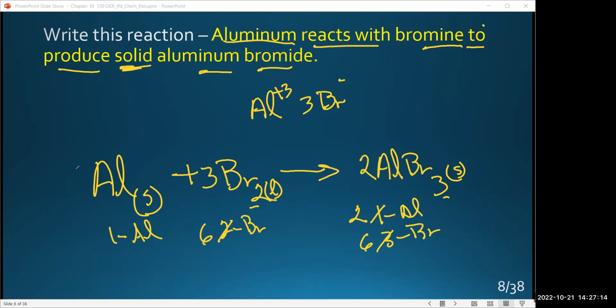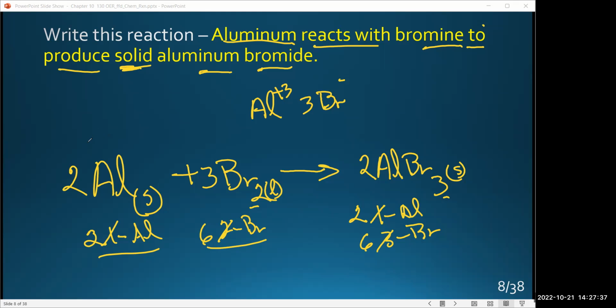Now I go over to the reactant side, put a 2 in front of the Al there, and now I'm balanced. So I put these things down here at the bottom to help me keep track of where I was and where I'm going with respect to balancing them. Once I'm done, I'm done with it. So I got a balanced chemical reaction here.